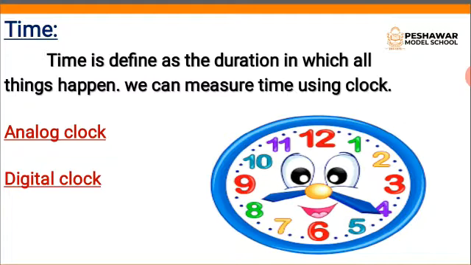We can measure time using a clock. We have two types of clocks. First is the analog clock and second is the digital clock. Analog clock is also known as the 12 hours clock and digital clock is also known as the 24 hours clock.